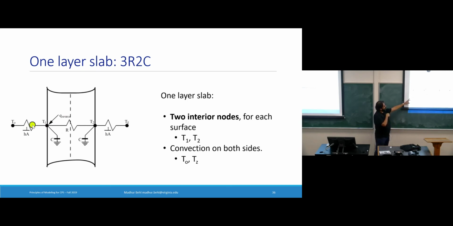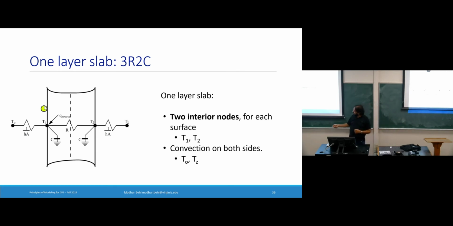Then there is a convective heat transfer between that boundary condition and the outside surface of the wall, which I denote by this temperature T1. The convective heat transfer is shown by this 1/HA resistor, right? Convection doesn't depend upon any length. It's just the convective heat coefficient times the area.